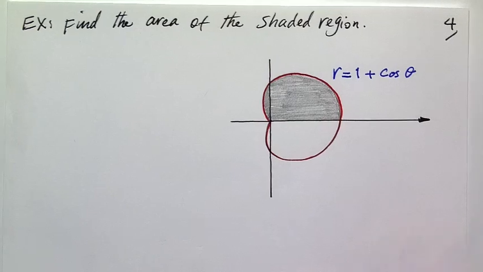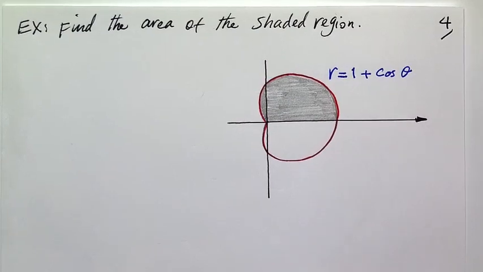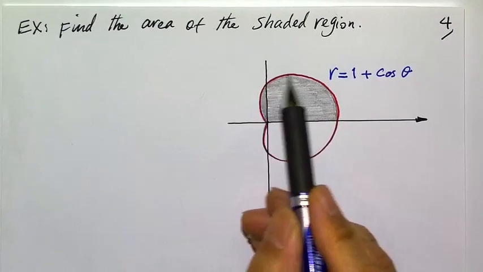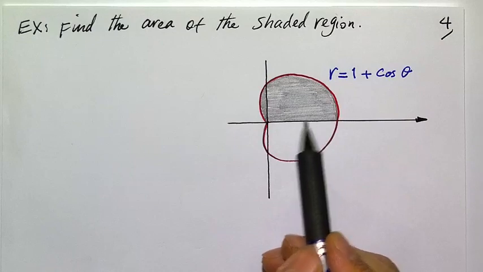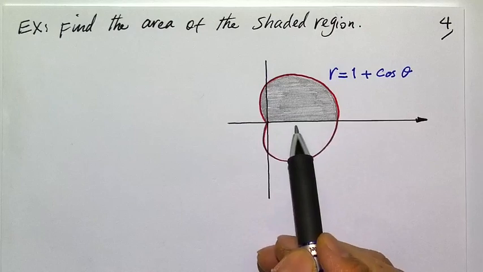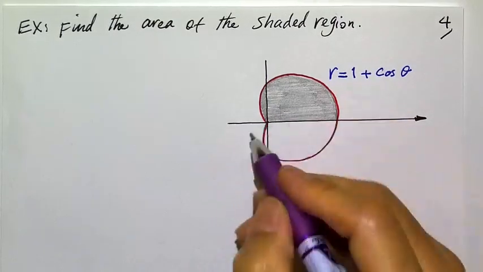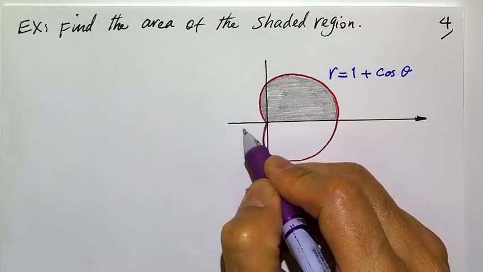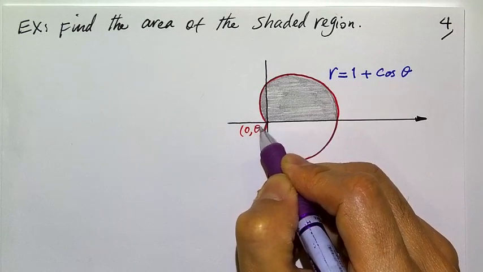Okay, so we have here, this is from 0 to 2 pi gives us the whole region, right? So from 0 to pi will give us the region that we're looking for. So if I say 0 here, well, since this is polar, for the pole, we have the coordinates 0, comma, theta.